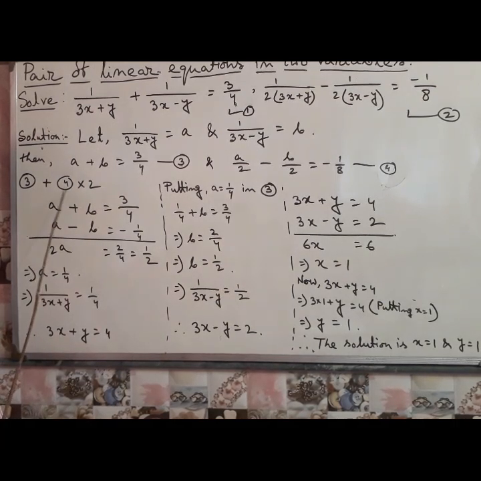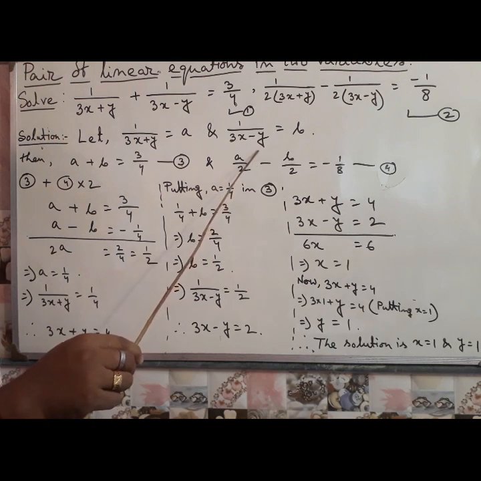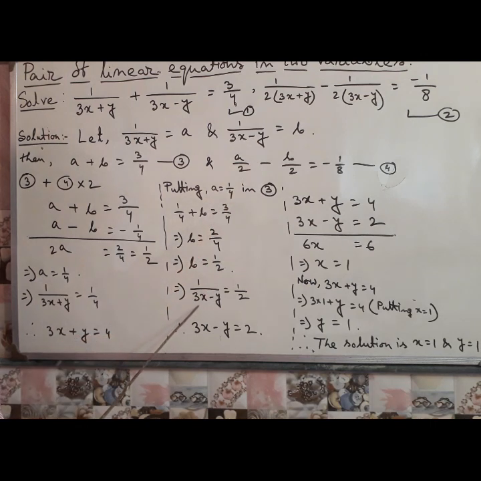Again by elimination, you will get the value of a is equal to 1 by 4, that is a means 1 by (3x plus y) is equal to 1 by 4, so 3x plus y is equal to 4. Putting a is equal to 1 by 4 in this equation, you will get b is equal to half, that is 1 by (3x minus y), so 3x minus y is equal to 2.